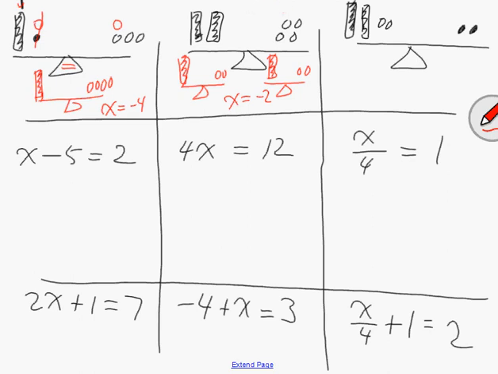The next one, what it really says is 2x minus 2 equals positive 2. All right, so if I want to isolate the variable, I'll erase this first. I'm going to first add 2 to this side, and I'm going to add 2 to this side.